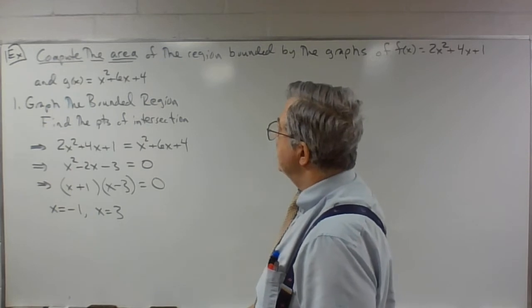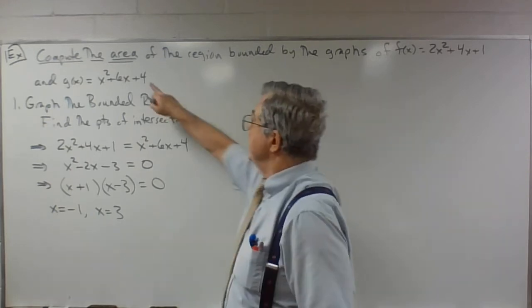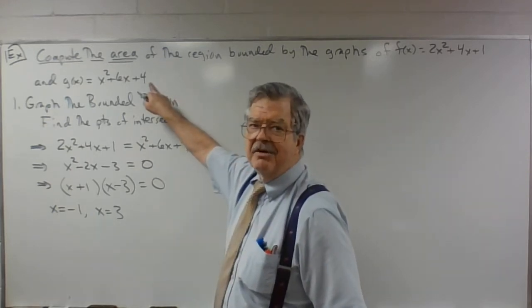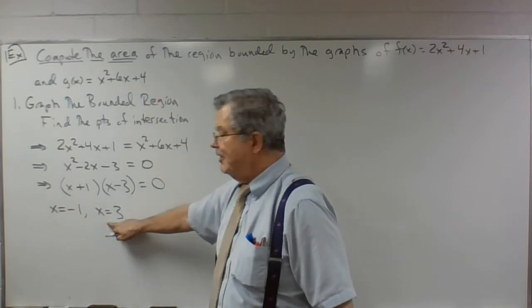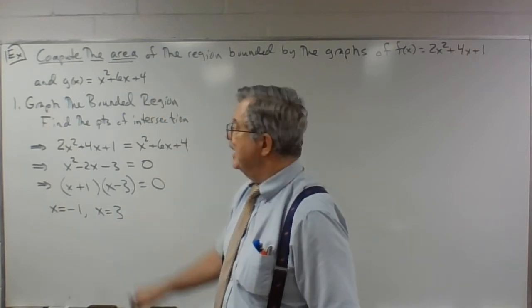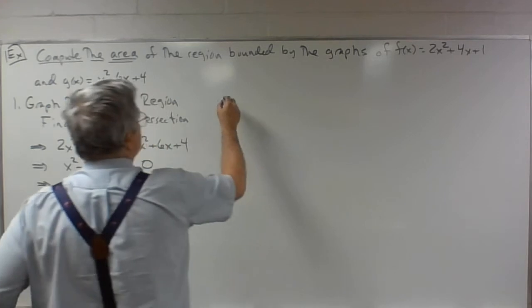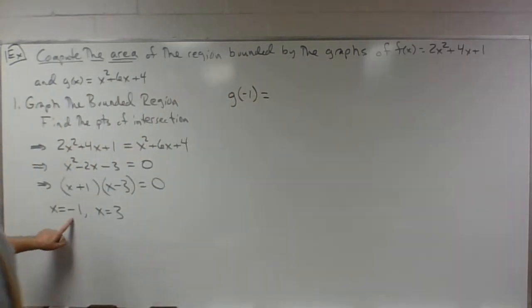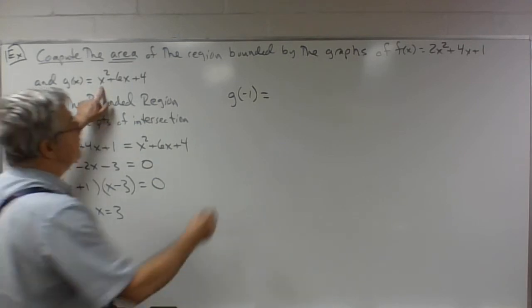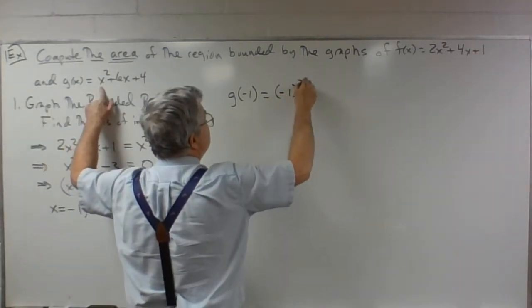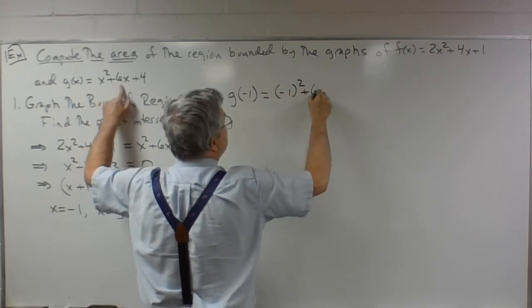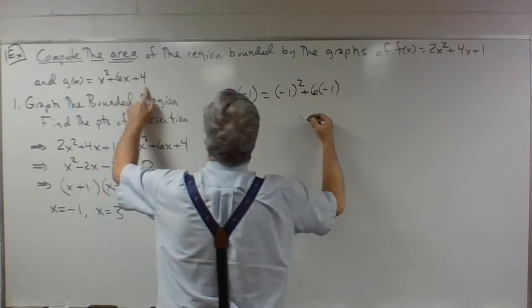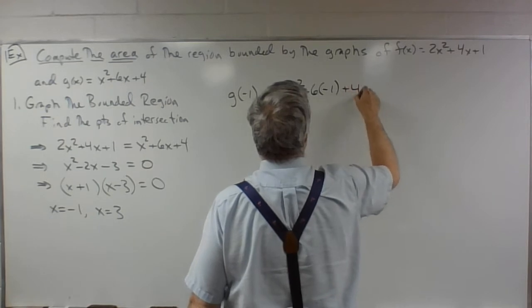So to find the y coordinates, I'll take the simpler of the functions, plug in the x values, and see what I get. G evaluated at x equal negative 1 is negative 1 squared plus 6 times negative 1 plus 4.